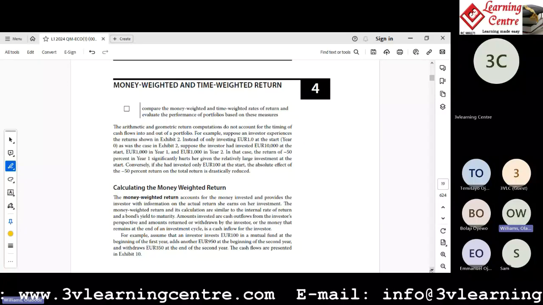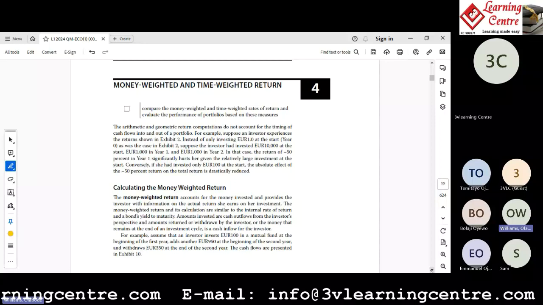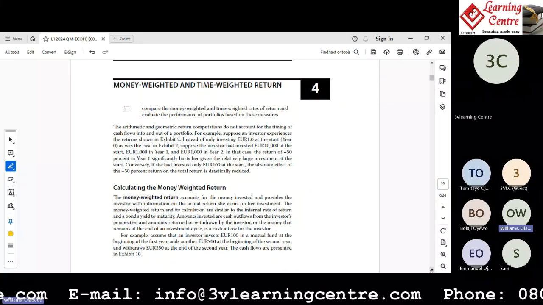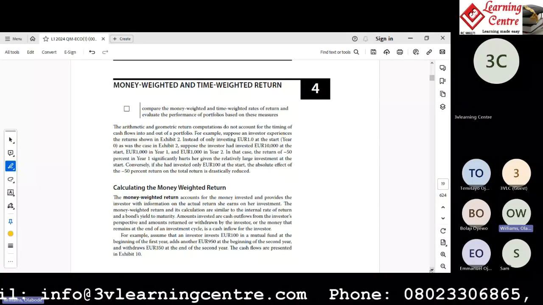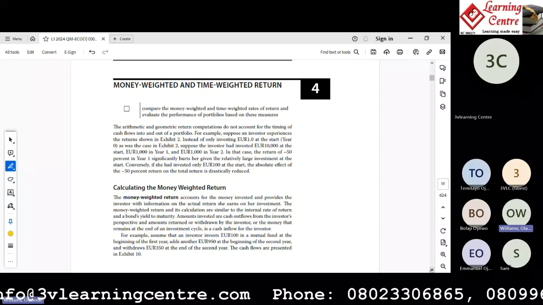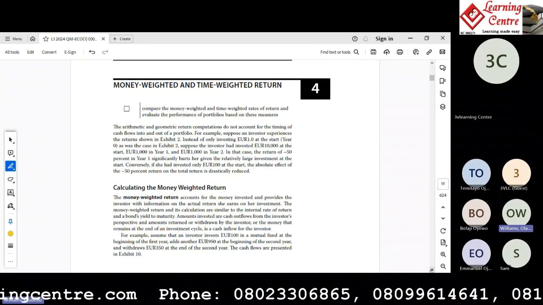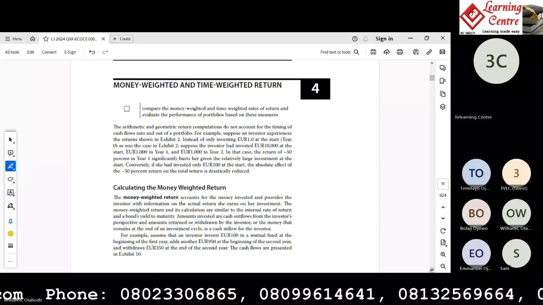So for your money-weighted return, what you're looking for is that IRR, the rate of return that equates all the money you put out plus all the money you got in, which gives you a 0 NPV. In other words, that is your money-weighted return.